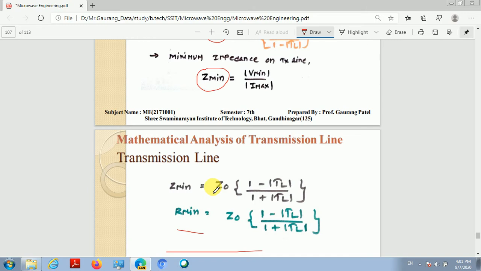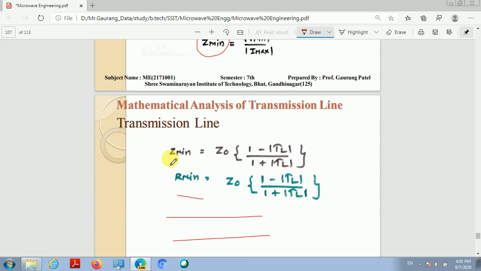The maximum and minimum value of the impedance on the transmission line is given by Z max and Z min. Between these two, the impedance can vary on the transmission line.